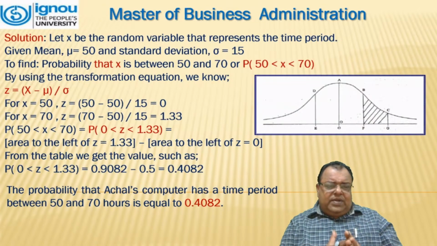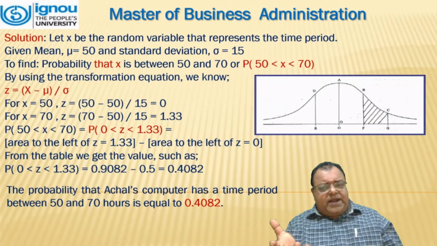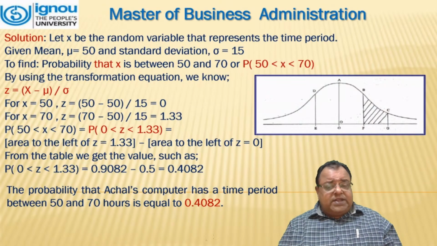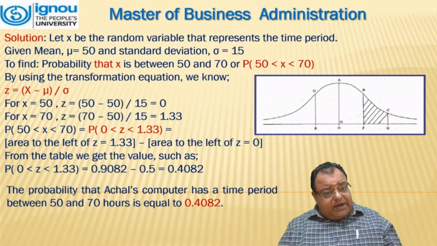Let x be the random variable that represents the time period. We know the mean is 50, that is mu is equal to 50. The standard deviation, sigma, is equal to 15. And we have to find the probability that x lies between 50 and 70. Mathematically it will be written as probability 50 less than x less than 70.